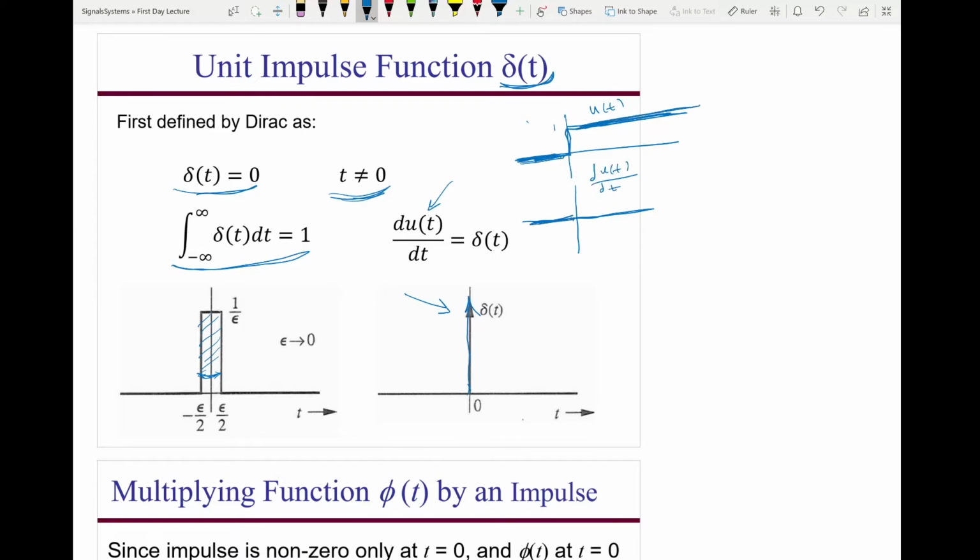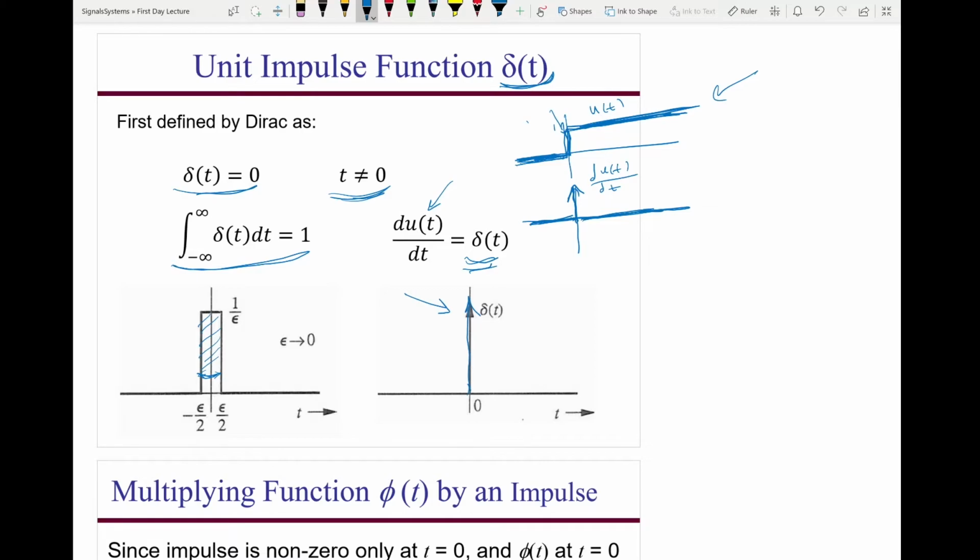Here in this region also the derivative is 0. But what happened here in this instant of time? Suddenly the signal changed from 0 in a very short period of time to 1, so the derivative will be very large. The rate of change is very large, and we represent it by a delta function, and that's the derivative of a unit step function, just a delta function here. So this is the relationship.